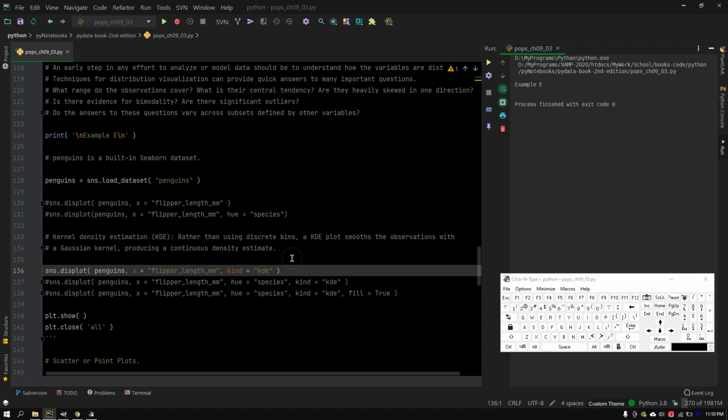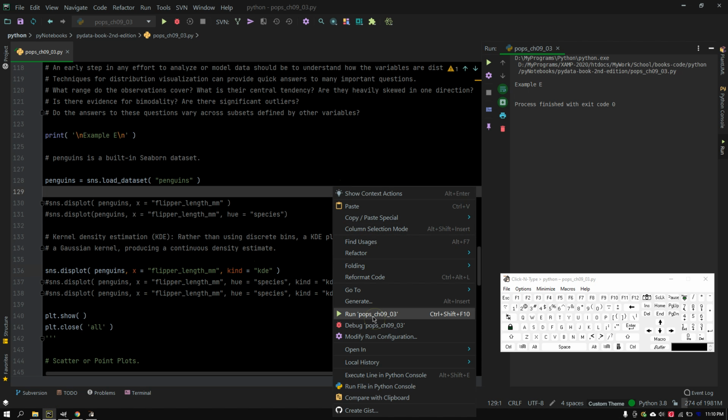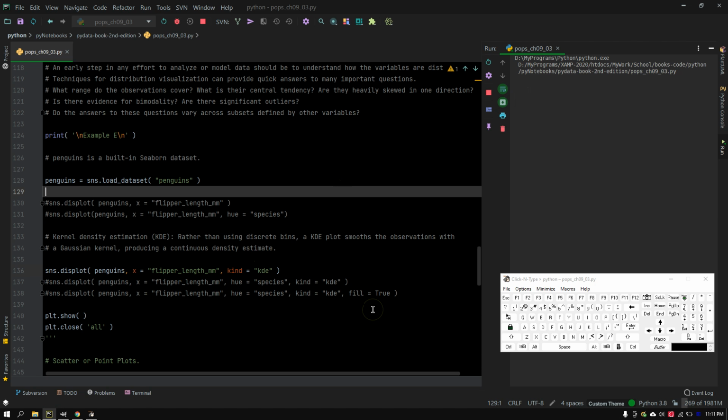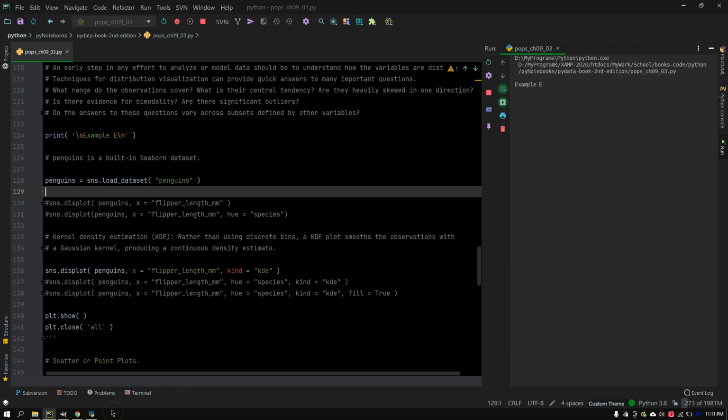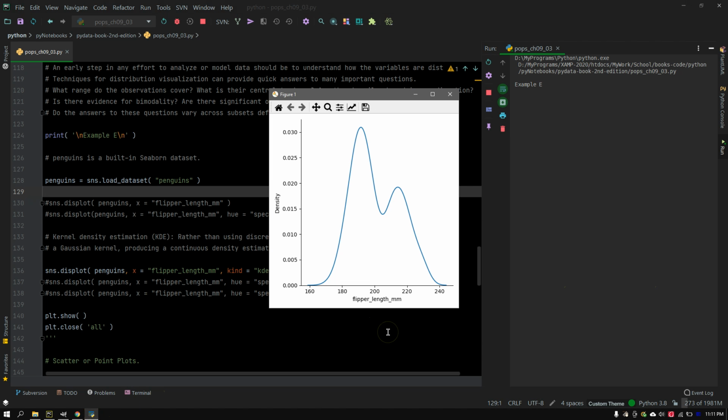I think your homework requires one of those, of the flipper length in millimeters. This is bimodal.